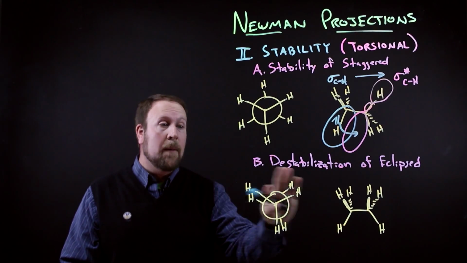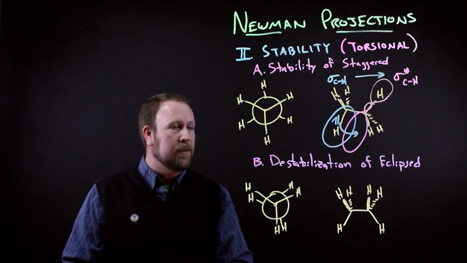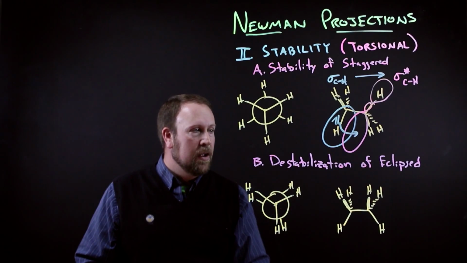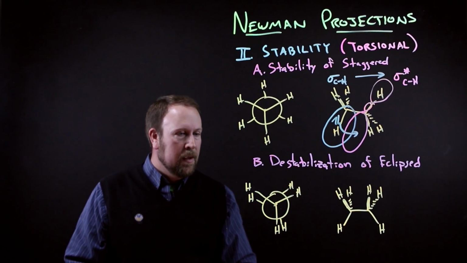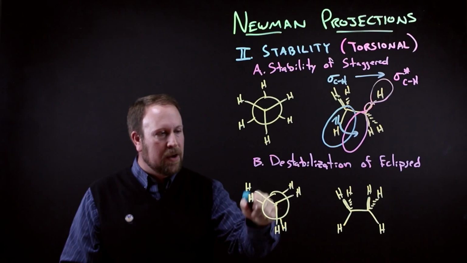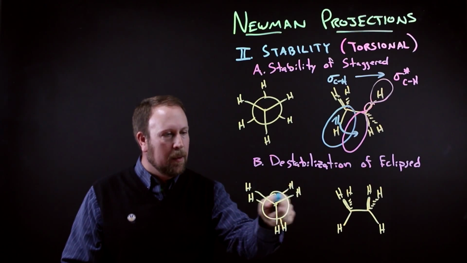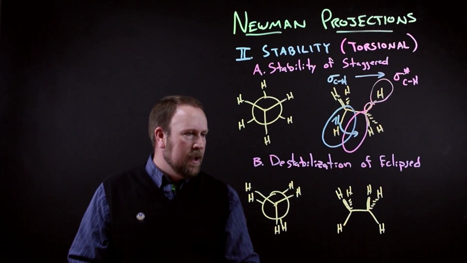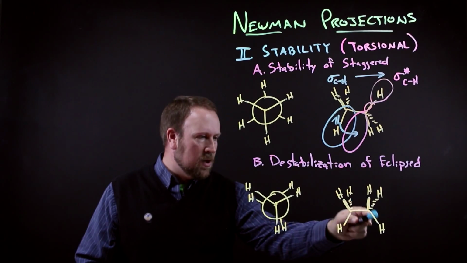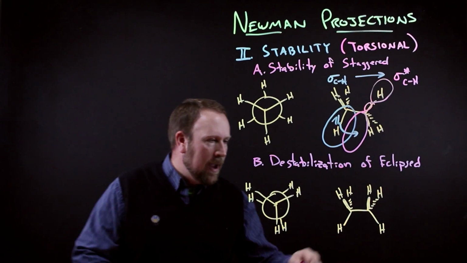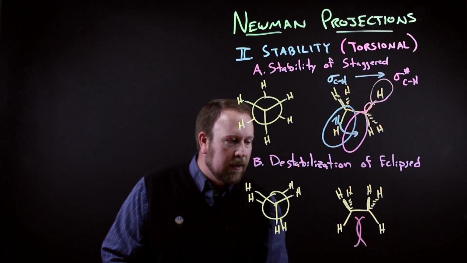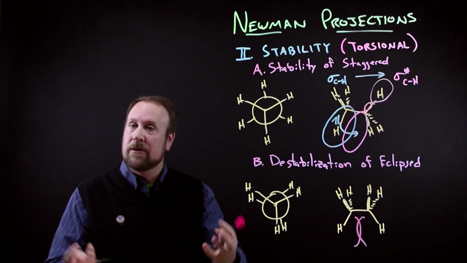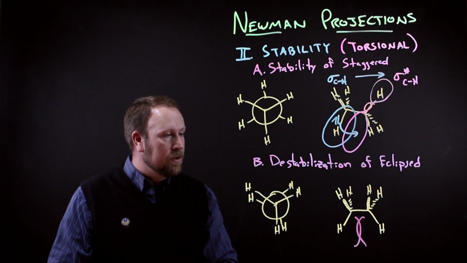Another way, and a more common way of explaining the difference between these two, is the destabilization of the eclipse conformation. So here I've shown a Newman projection of the eclipse conformation where these hydrogens are lining up in all 3 of these areas. And if we look at a side view where the H's are both in the plane, you can imagine that we have a steric interaction, or an interaction between the electron clouds of those two hydrogens.